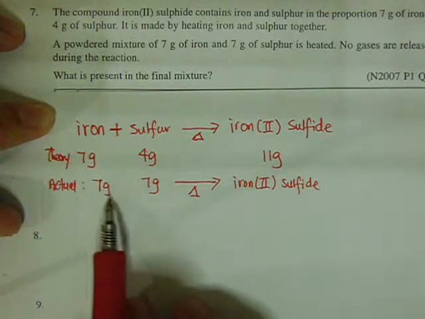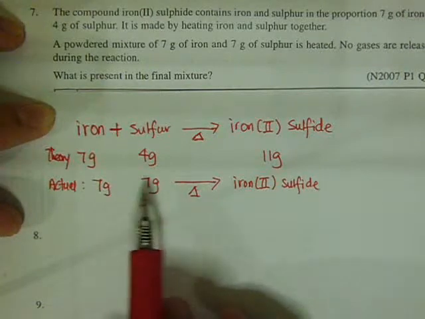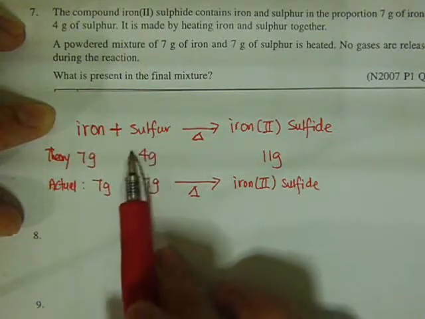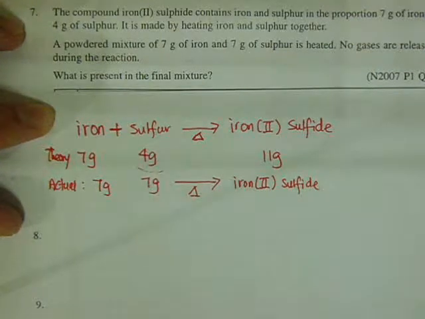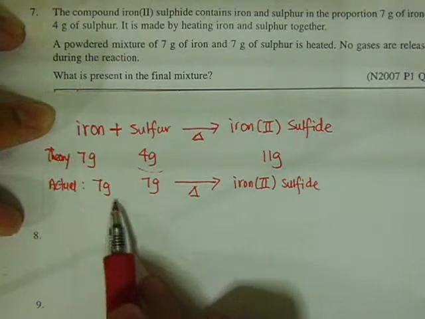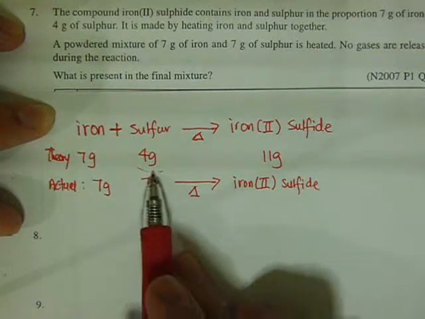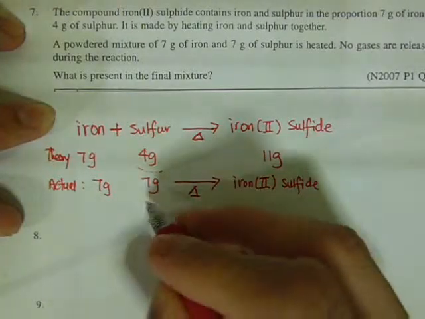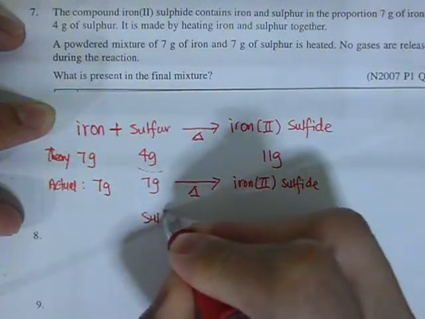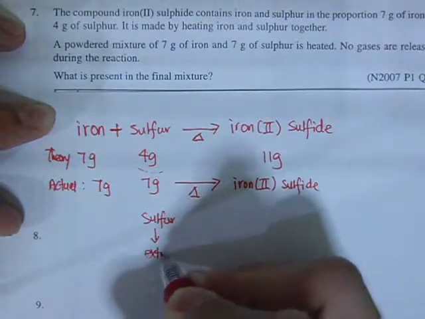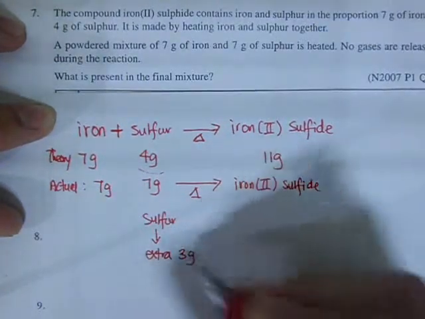Now over here, in order for you to combine iron and sulfur, every 7 grams of iron, you need 4 grams of sulfur. But in the experiment, we use 7 grams of iron, but we use 7 grams of sulfur as well. So meaning that this sulfur, you have an extra 3 grams.